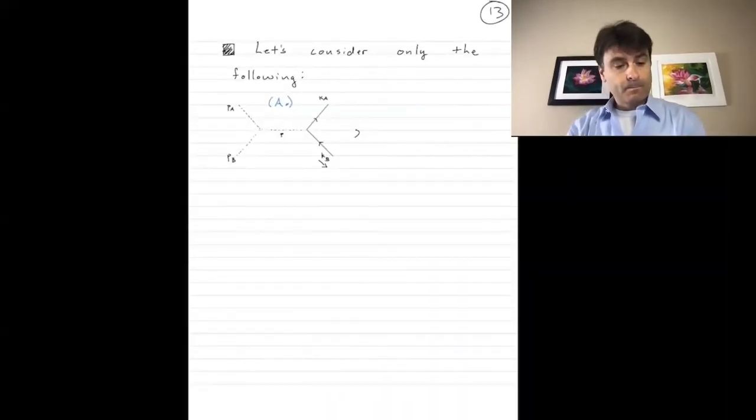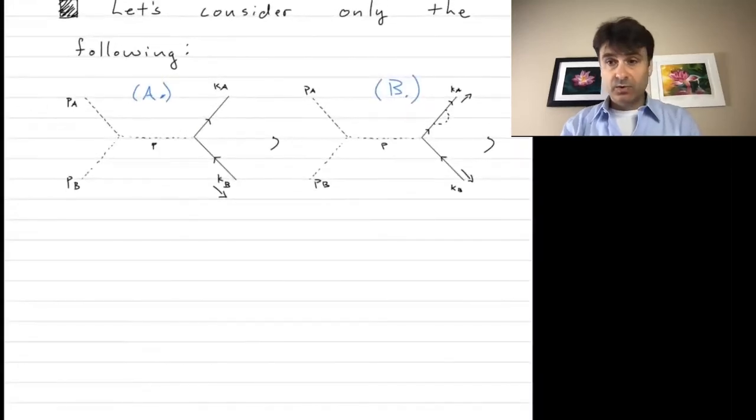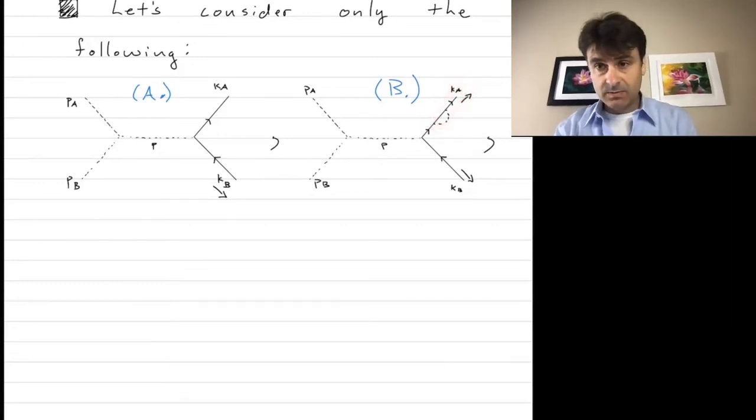Remember there are quite a few graphs that you'd have to consider going to the next order, but I'm going to restrict to the ones that illustrate the issues with the infrared behavior. So again, we've got the lowest order, which I've written several times now. I'll call that graph A. Now, if we want to include the next order on the outgoing Ka jet, we need to have the self-energy graph.